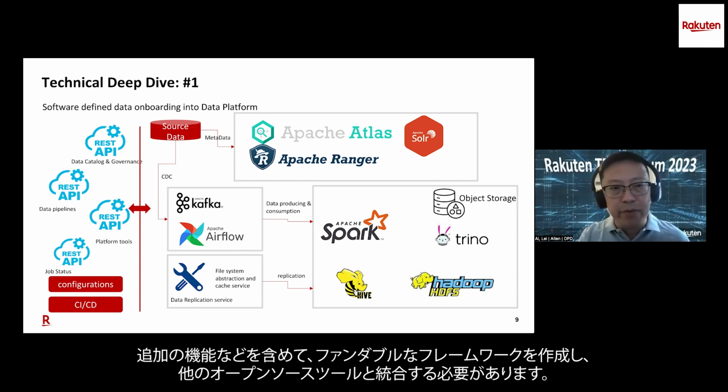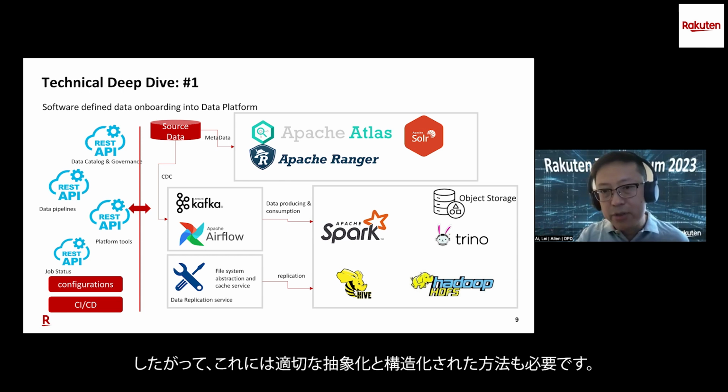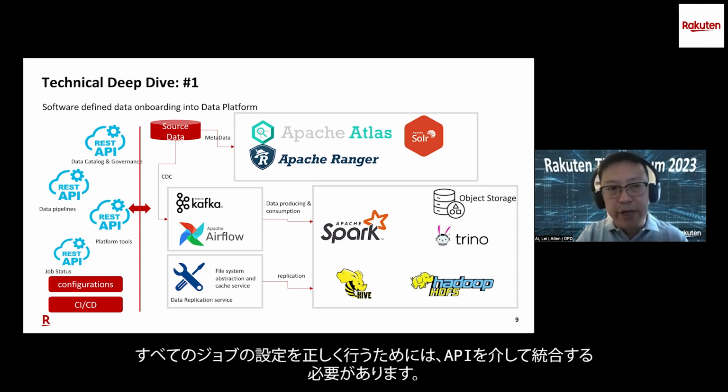We need, for example, a framework like Airflow or other open source tools to integrate them together, to make sure alerts, retries, and monitoring can be properly set up. This also needs a proper abstraction and a structured way to set up all these jobs, right? So that's another area where we have to do a proper definition of all these job setups, so they can be integrated end-to-end by the APIs.